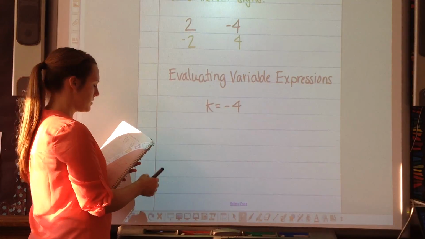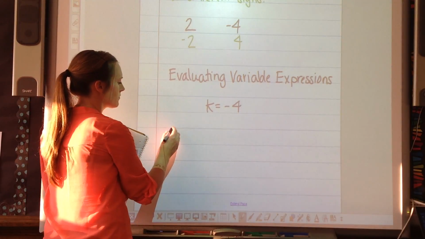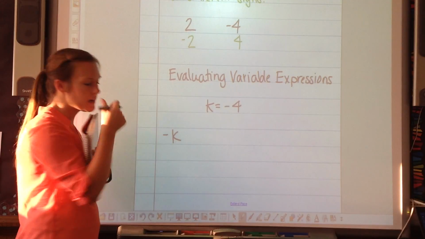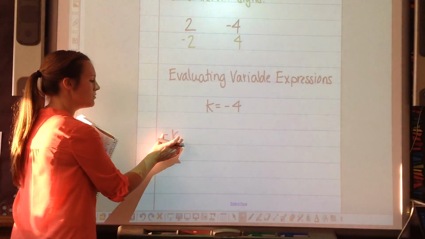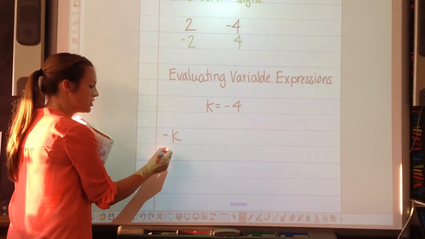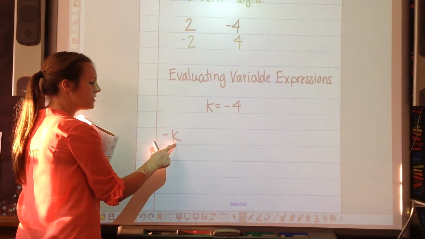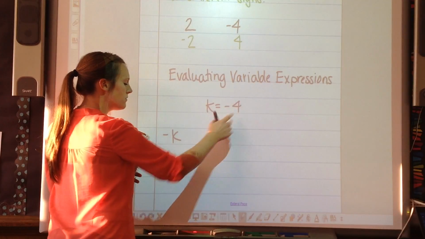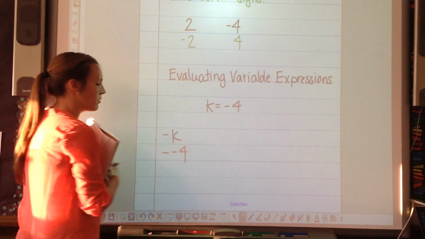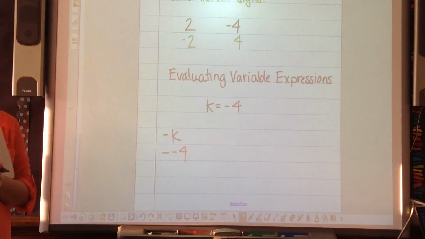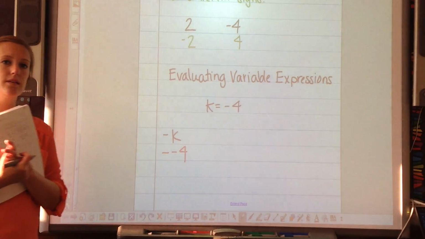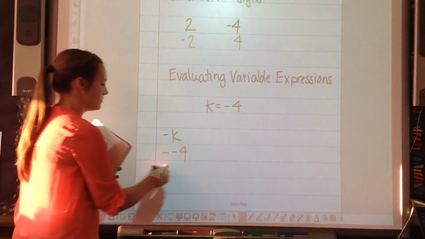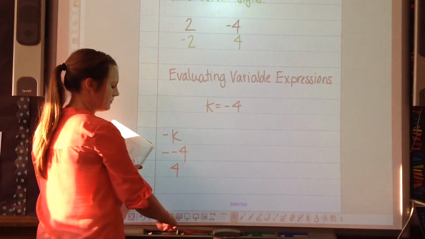Okay, so let's say we start with the expression -k. Be careful when you're filling this information into the expression. My expression has a negative, and then I need to fill in the value for k. The value for k is also a -4. Okay, there's no such number that has double negatives. Double negatives make a positive. Our answer is 4.